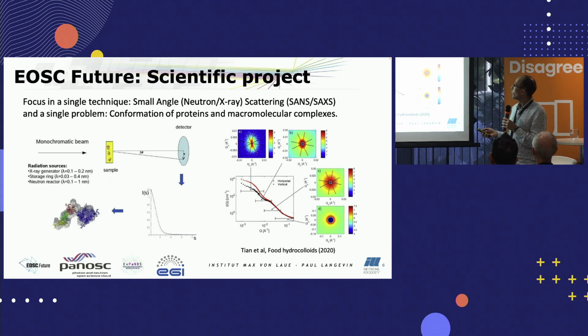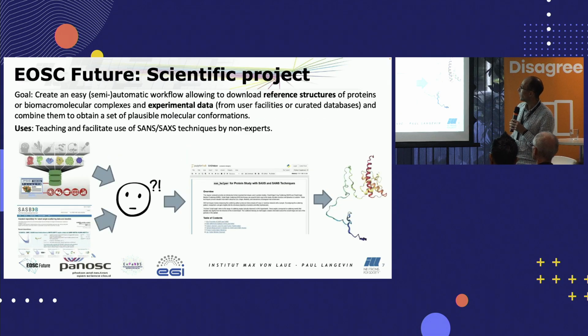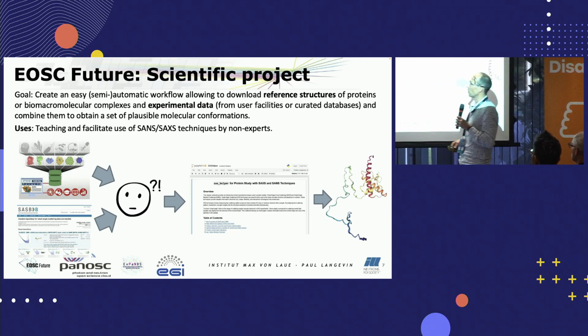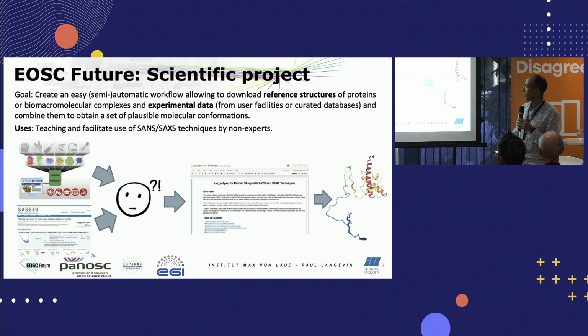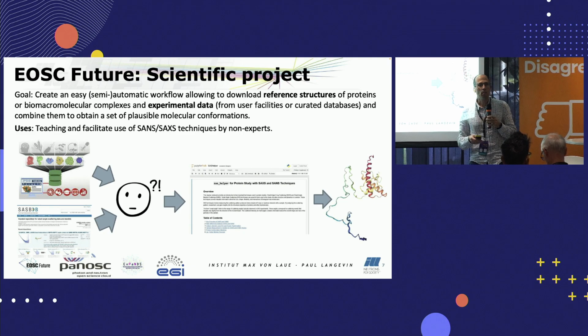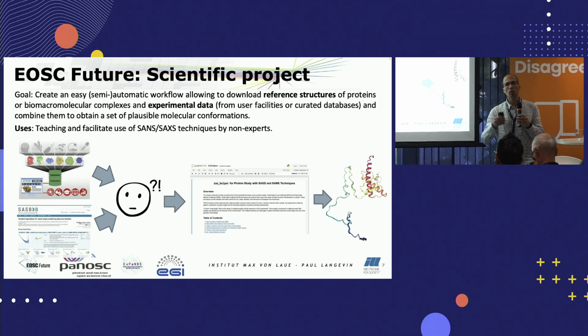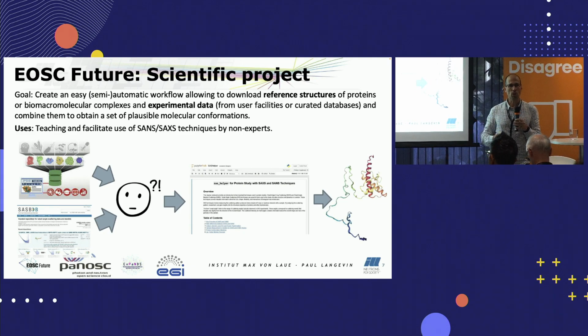The reason that we chose this system is that we already have two important pieces of information that we can work with. One is the Protein Data Bank structures. This is a public open database that already contains hundreds of thousands of structures. Typically, they are static images of the protein because they are obtained in many cases using protein crystallography, so this is the protein in a crystal structure.